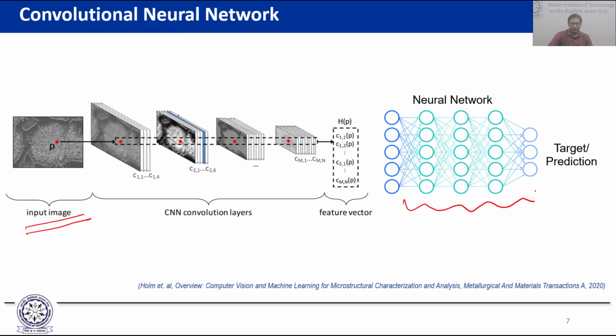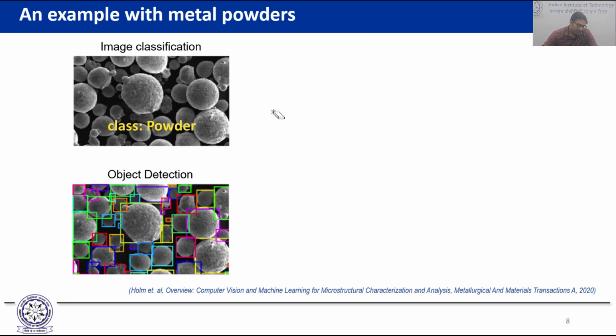So this neural network is going to take this feature vector as the input, and it's going to work just like any other neural network that we have already discussed earlier in this course during the lectures that were taught by Professor Viswas.